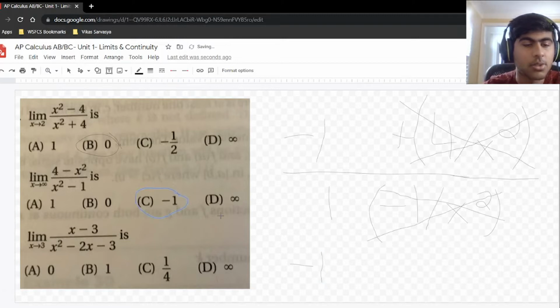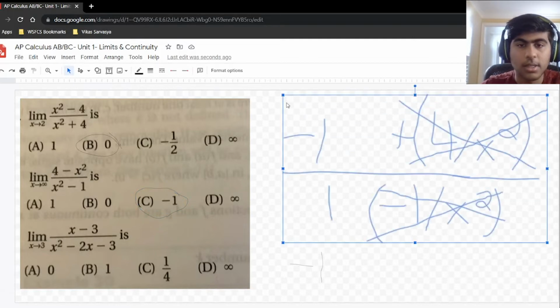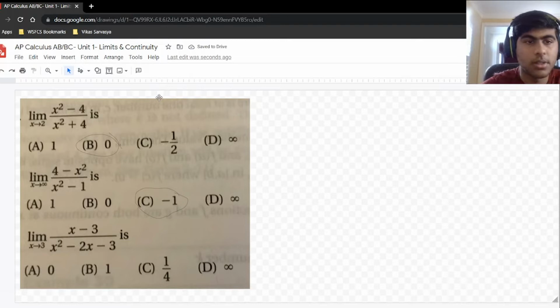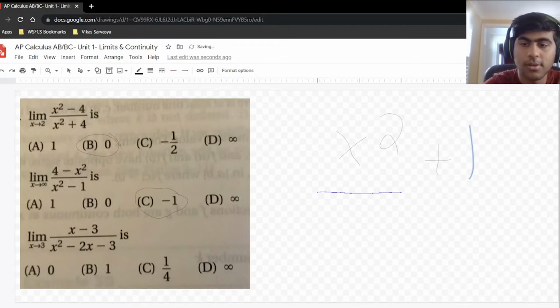And this concept will hold with any limit going to infinity. How you can think about it is if the degree of the numerator is bigger than the degree of the denominator, let's say x squared plus 1 over x plus 1.